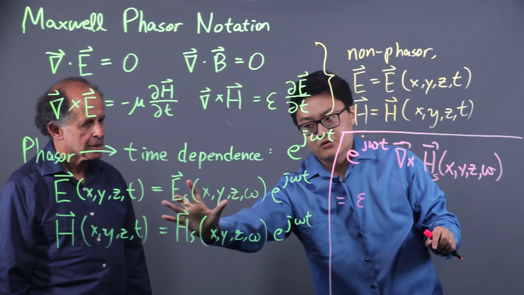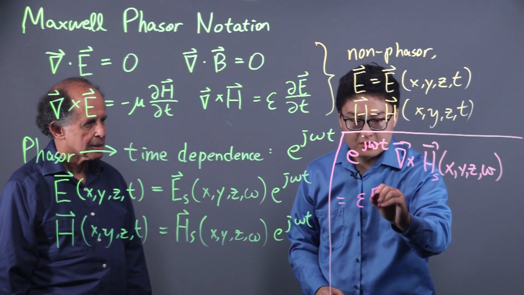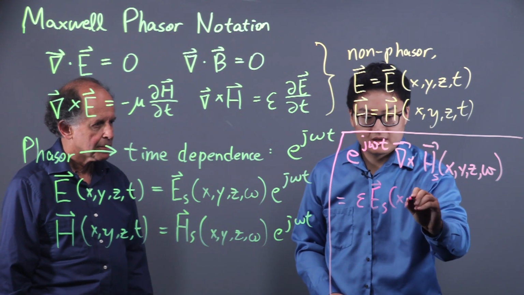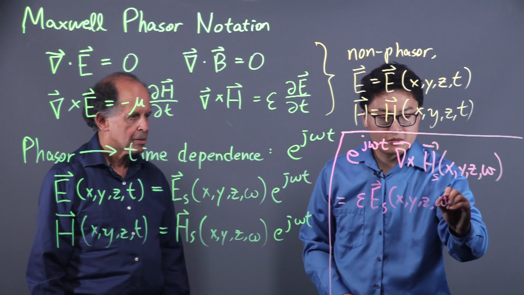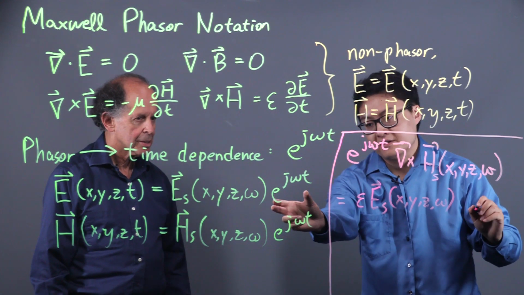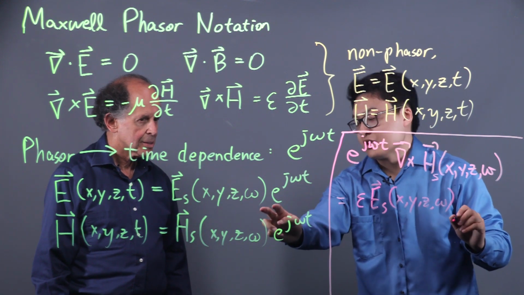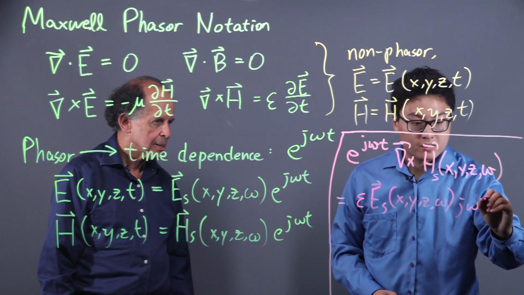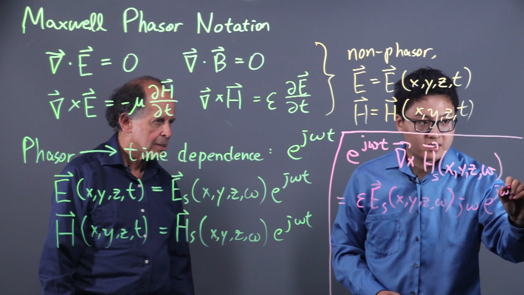So I guess we can extract this E_s out, E_s of x, y, z, omega, and then d dt of this, you just take out the j omega. Right. J omega e to the j omega t.